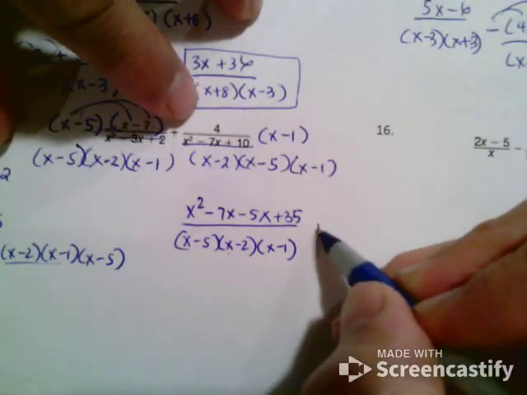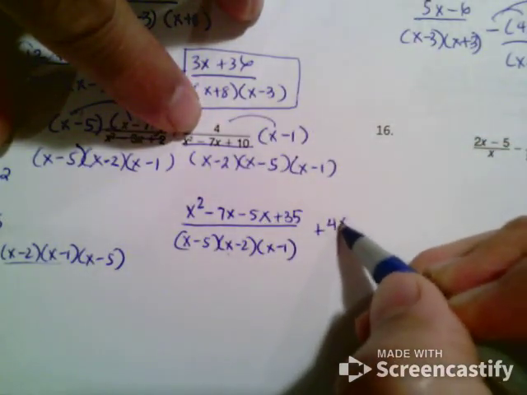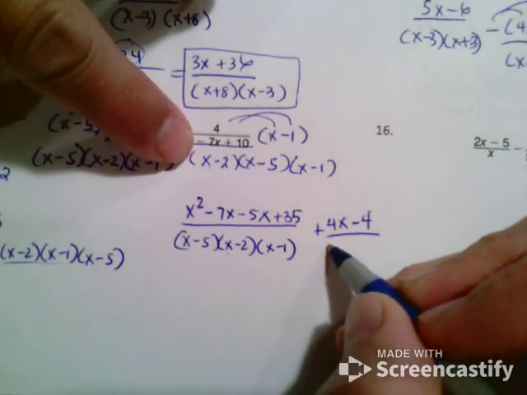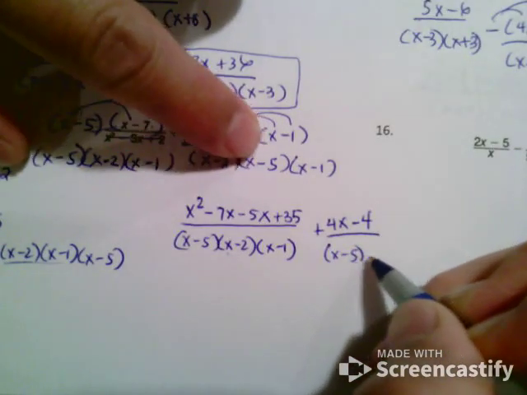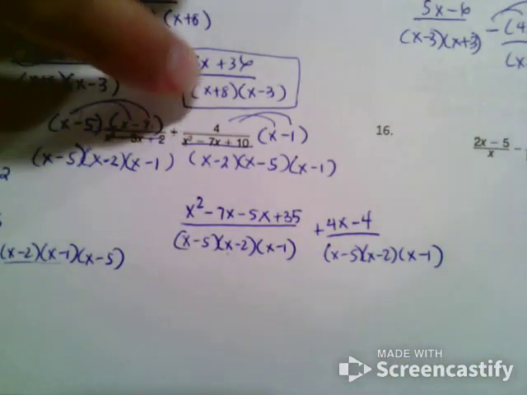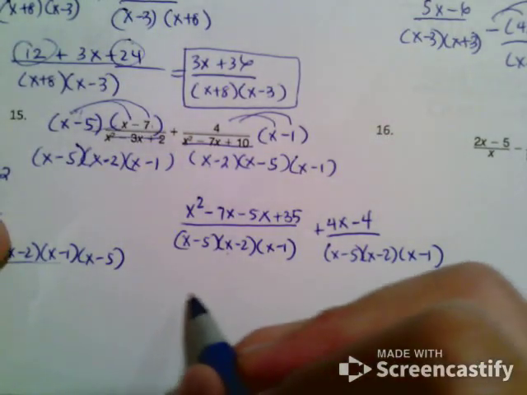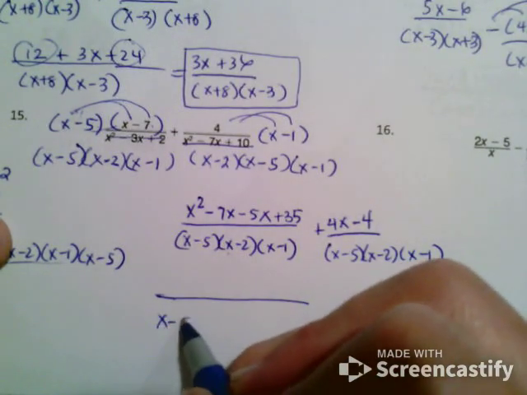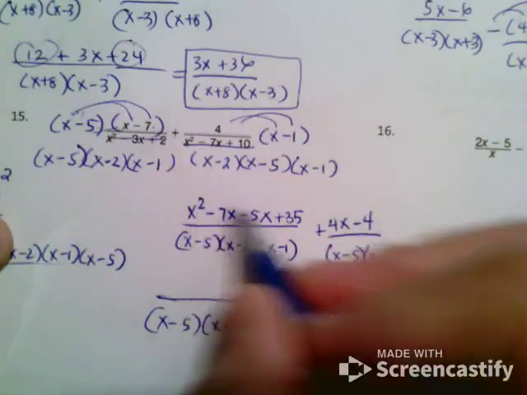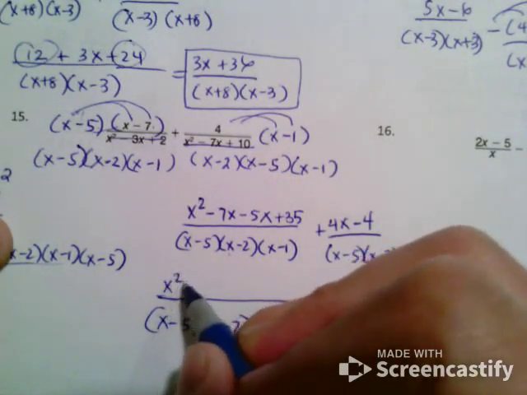Okay, over here. And then we have the LCD. And I'm just going to write in this order. This one, and this one. Okay, and then we're going to keep the LCD. And we're just going to add and subtract across.